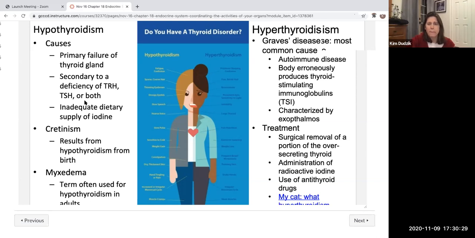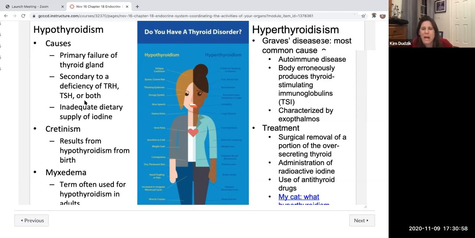Hyperthyroidism. Graves' disease is the most common cause. This is an autoimmune disease. It targets the receptors in the thyroid cells. There's an antibody called, I got to read it on here, thyroid stimulating immunoglobulins, TSI.